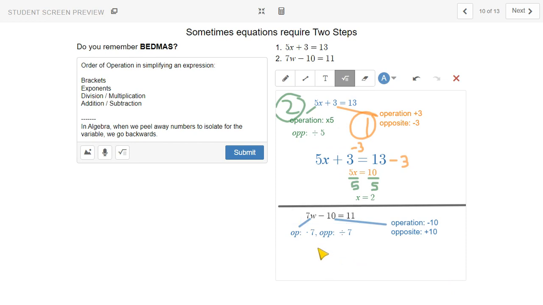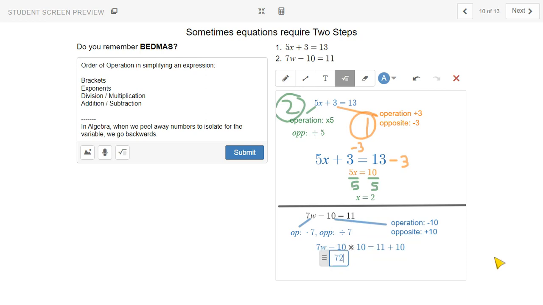Now, as we're writing it, we need to do our adding and subtracting first, then we're going to do our dividing. So 7w minus 10 plus 10 equals 11 plus 10.